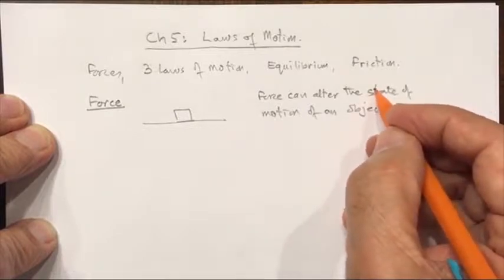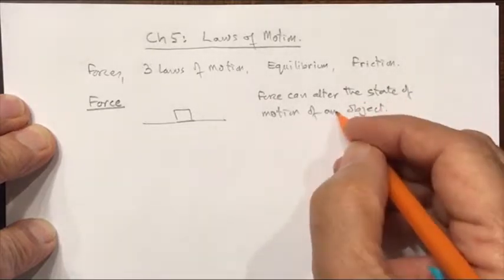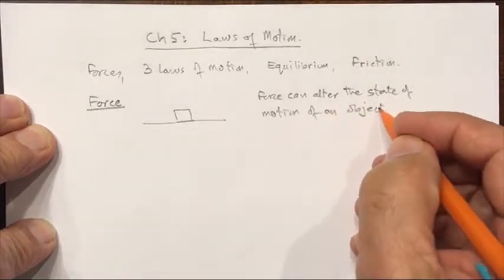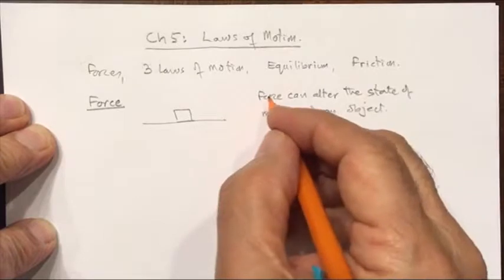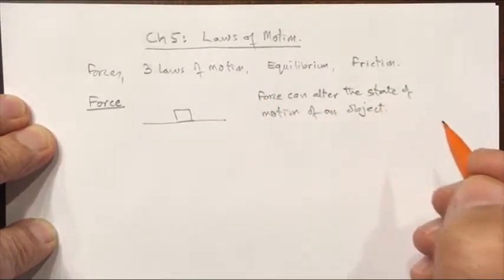If an object is moving, a force can cause it to go faster, or it can cause it to slow down and stop. So whatever the state of motion is, a force can change that state of motion.